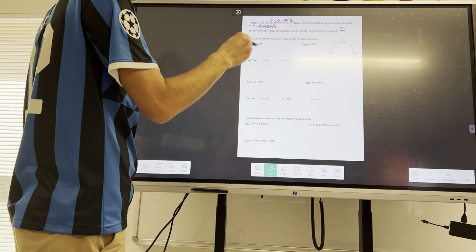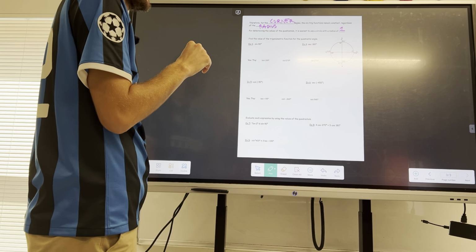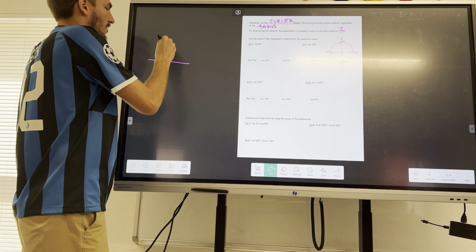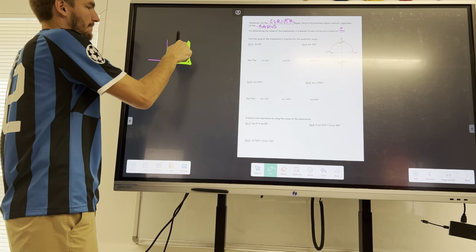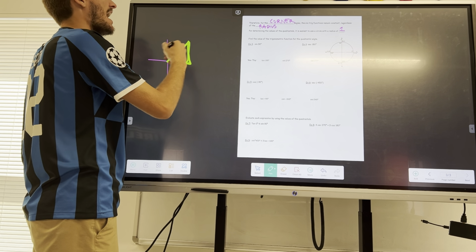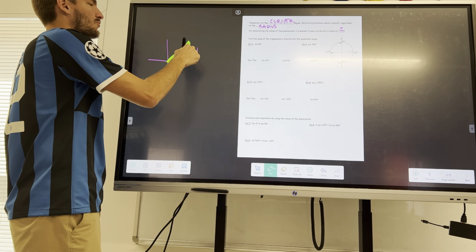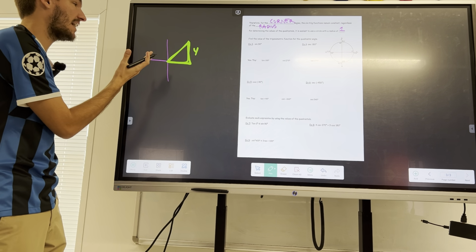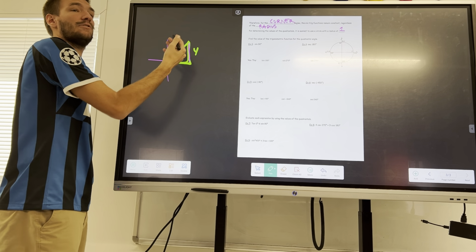Now, if we think back just a little bit, when we drew a triangle, your sine, which is opposite over hypotenuse, had to do with the y, because remember this is the y value, you're up and down, and sine deals with opposites.